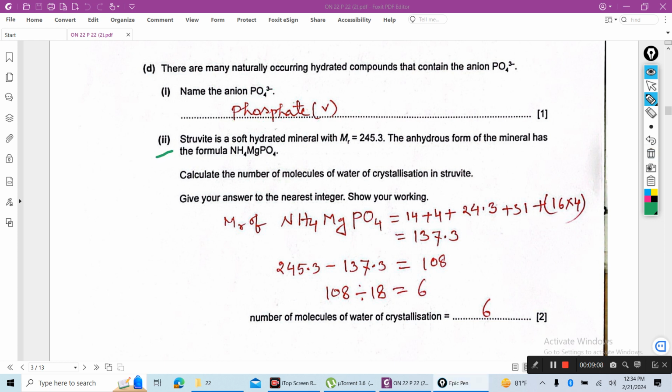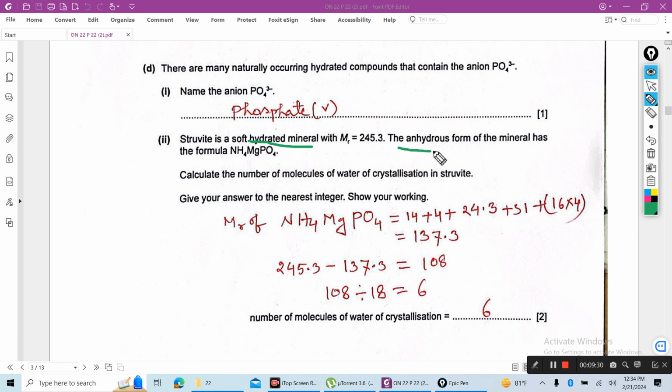Next one. A hydrated mineral, relative molecular mass 243.6 is given. Hydrated means with water.